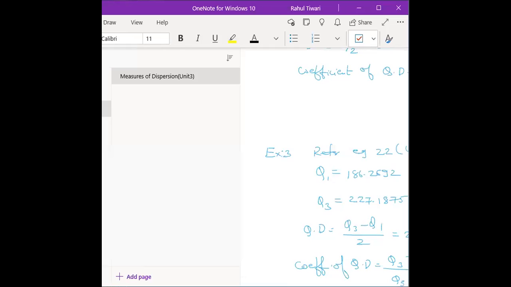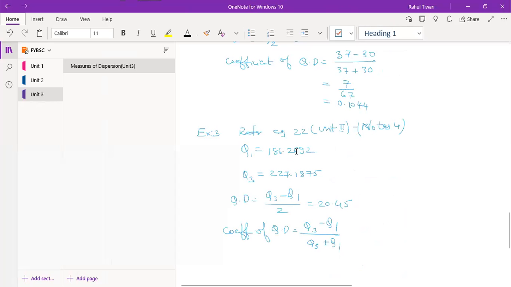Why are they getting different answers? Everybody is getting fractions, and after the fraction it is changing. One more different answer. See, I have given the same data, 186.2692 and 227.1875, the same data, but everybody is getting a different answer.